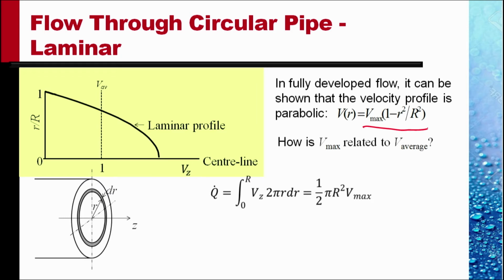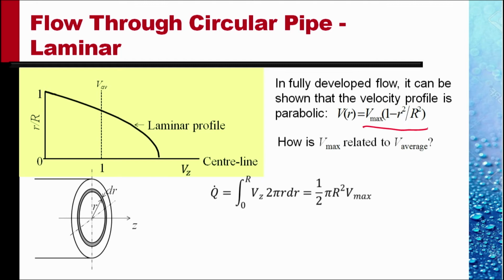The volume flow rate is the integral over r from 0 to capital R of Vz, the velocity at that location, which is V max into (1 minus r squared by capital R squared), into the area of this ring, 2 pi r dr. And this, when we integrate, comes out to be 1/2 pi R squared V max after putting in the value of Vz given by the velocity profile and integrating.